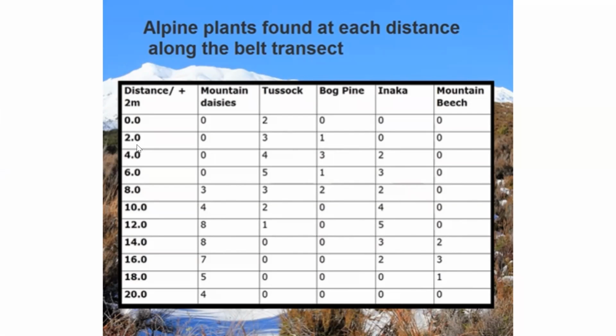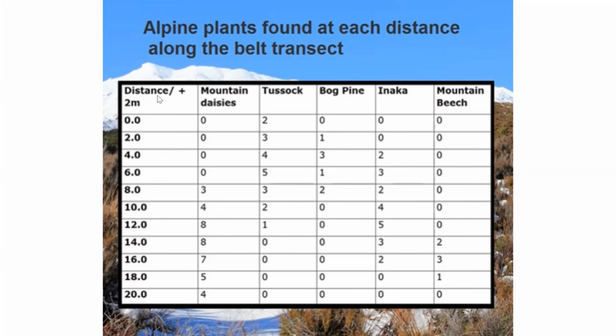So the main column, that is your independent variable column, is distance plus 2 meters. Remember, in your data table you need to have the details in a very short and precise manner with units. So distance plus 2 meters means every 2 meters.